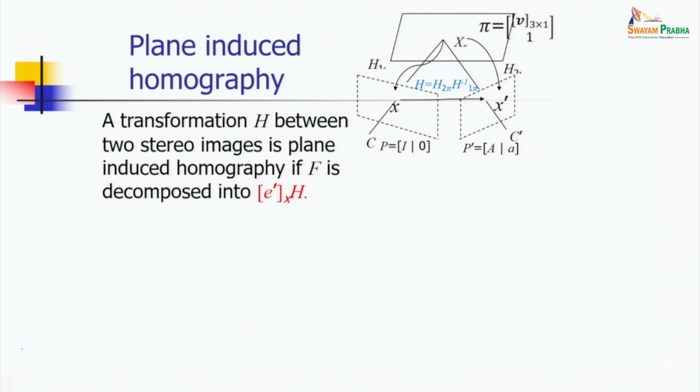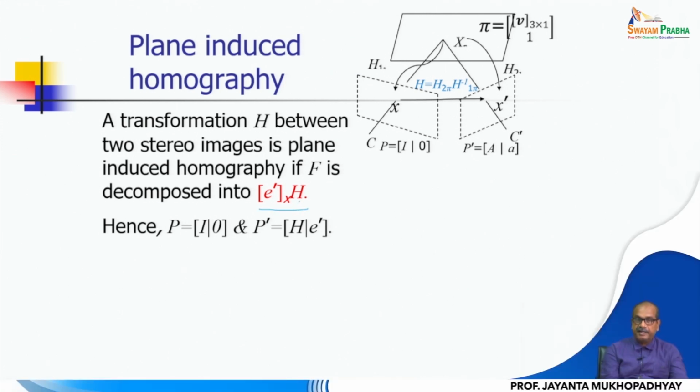So this part we are continuing. If I decompose F into this form, the stereo can also be written this way. If I consider any homography, the advantage is that I can consider the decomposition E prime cross matrix H. Since homography is a 3 cross 3 matrix, it can be used directly. Even if you know any plane induced homography H, that could be used here, and we have already seen that we can also use the homography induced by the plane at infinity.